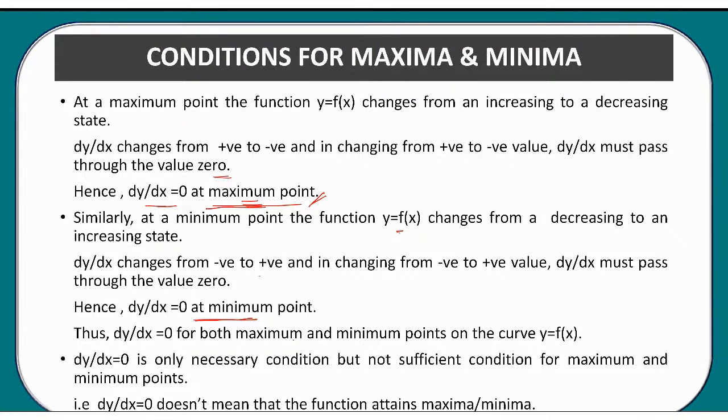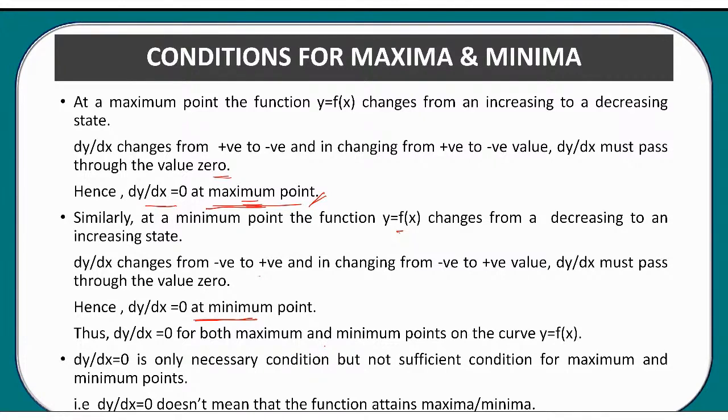That means it is not necessarily maximum or minimum. It is only a necessary condition, but not a sufficient condition to say it is a maximum point or minimum point. So if dy by dx equal to 0, maybe maximum or maybe minimum or maybe something else, or maybe a constant function at that particular point.